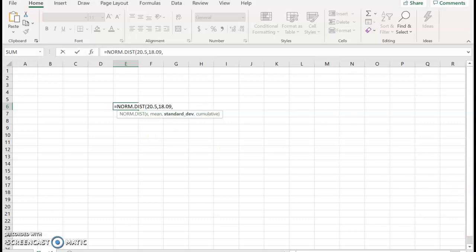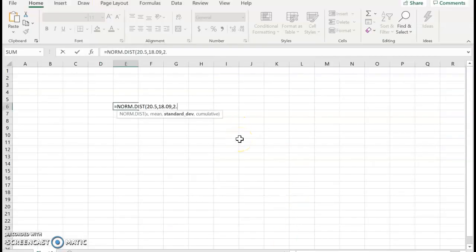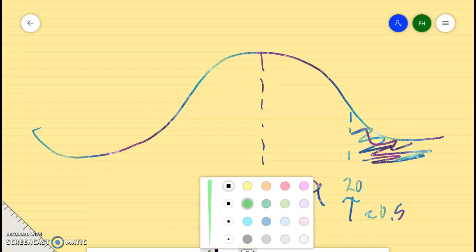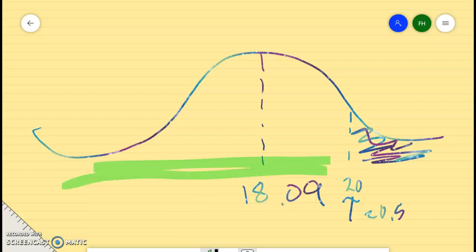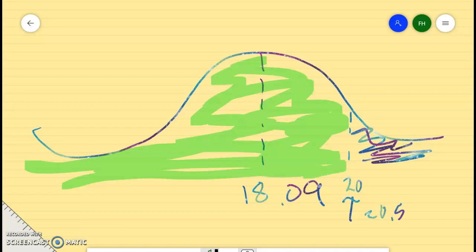The standard deviation, which you also had calculated, was 2.443. And then cumulative, we want it to include everything. Remember that the distribution table, when it gives you the probability, it's going to be the area under the curve. So we want everything up to this point. So we want to put true.